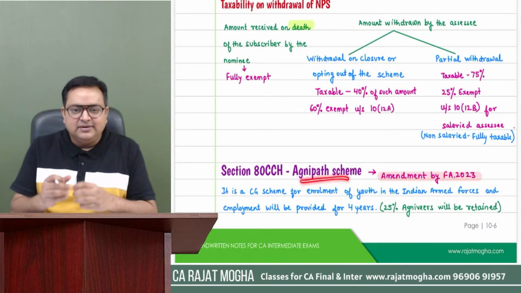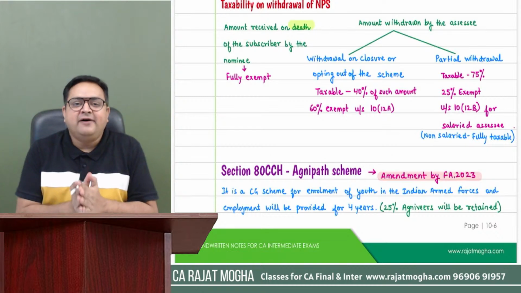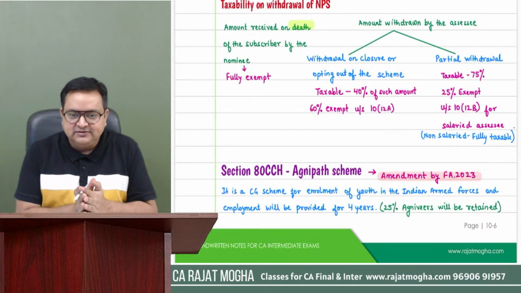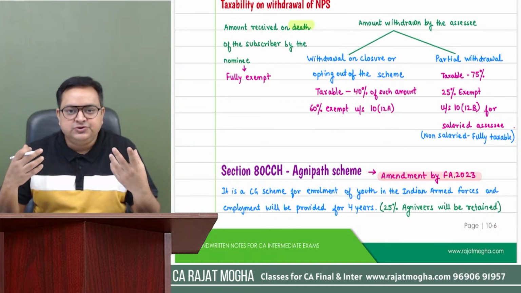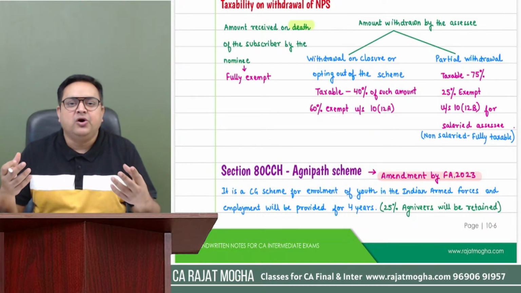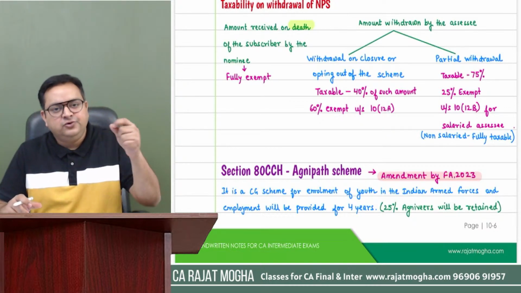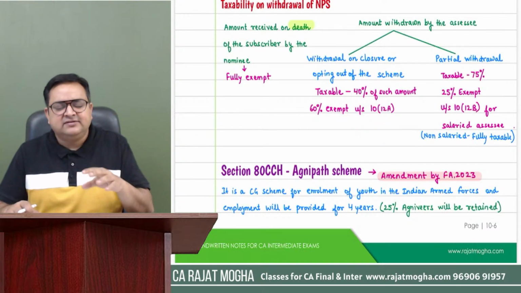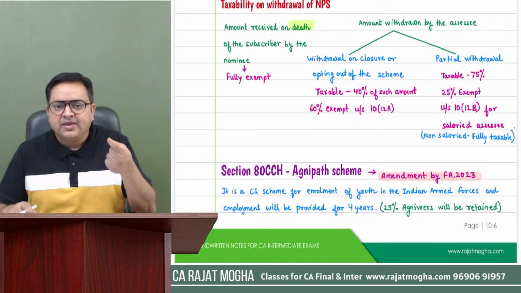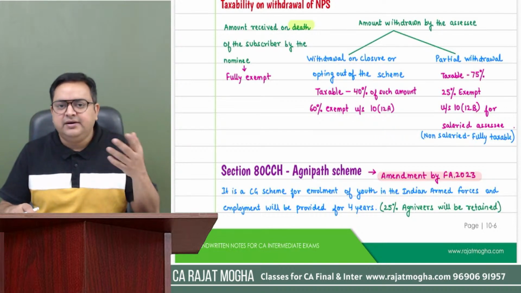So what is the Agnipath scheme? This is for the people who are joining the armed forces, Army, Navy, Air Force, and there's a scheme that if you join it, we'll give you employment for 4 years. After 4 years, you will be retired. They will be retaining 25% of the Agniveers. These soldiers are called Agniveers, and 75% they will retire.